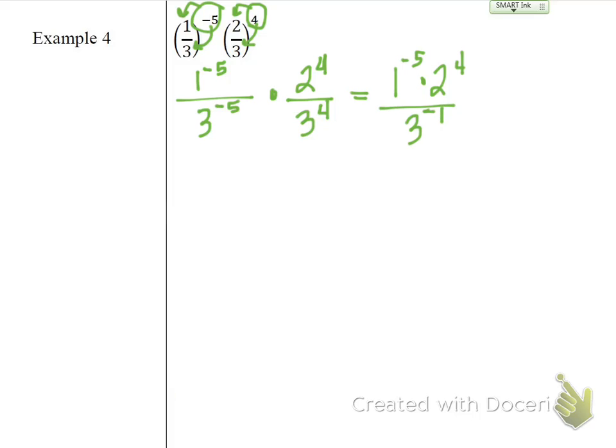Now, we are not simplified. Why? You can finish, you can do all of the powers, but we also have some negative exponents, right? So first, let's get rid of the negative exponents. You only move the negative ones. So we're going to move 1 to the negative 5 and 3 to the negative 1.